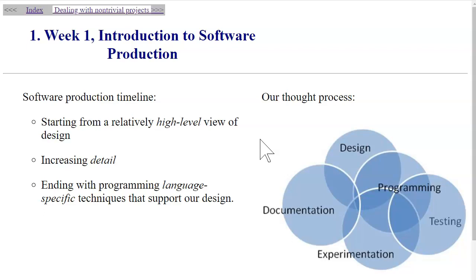So you need to find time to document everything, to find time to experiment with everything. Of course, you need to spend your time programming and also testing. And our course is focusing on the design aspect of software production.